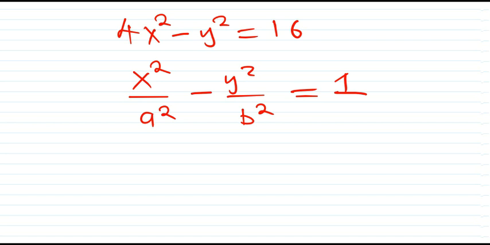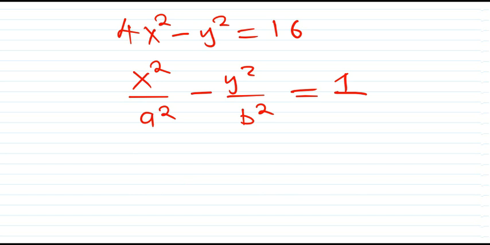Now if we analyze this equation, I like thinking of it in this way. Whenever you start with, or whenever you move in the ascending order of both the x and y and then a and b, this is the horizontal transverse axis. This is the normal way. I like thinking of this as the normal way. And then if you swap and start with y squared, then what you're expecting is going to be a vertical transverse axis, right?